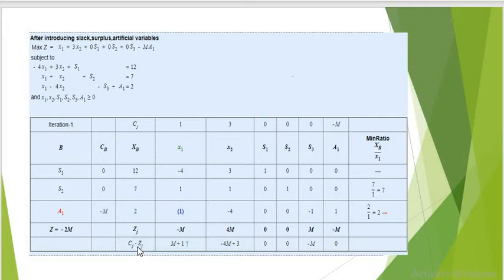Then calculate Cj minus Zj, that is the net value, and we can see that the values are m plus 1, minus 4m plus 3, 0, 0, minus m, 0. If all these values are less than or equal to 0, then the solution is optimal.